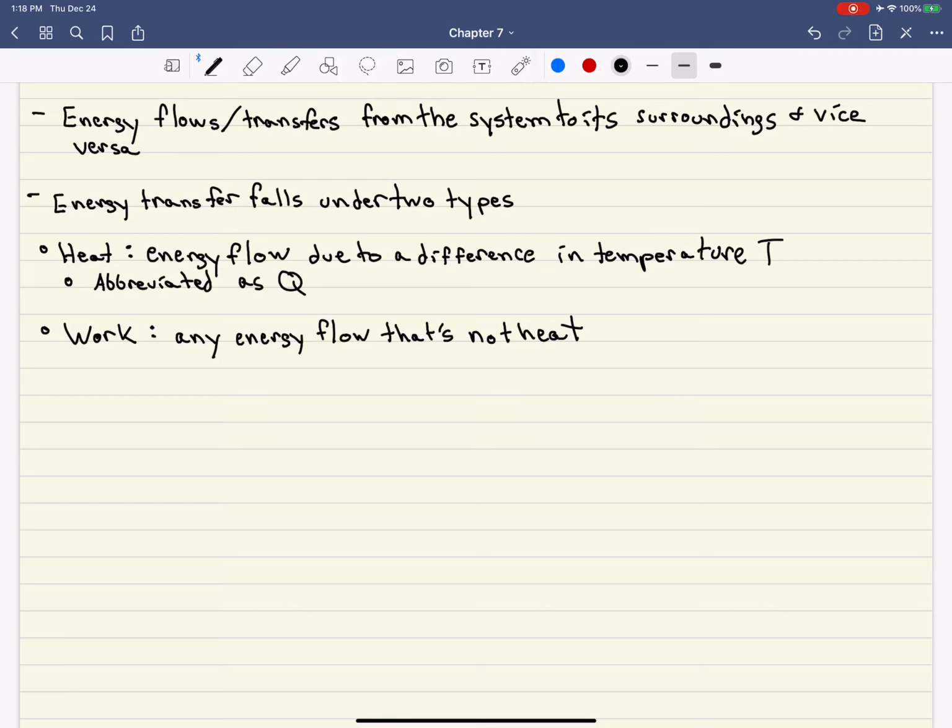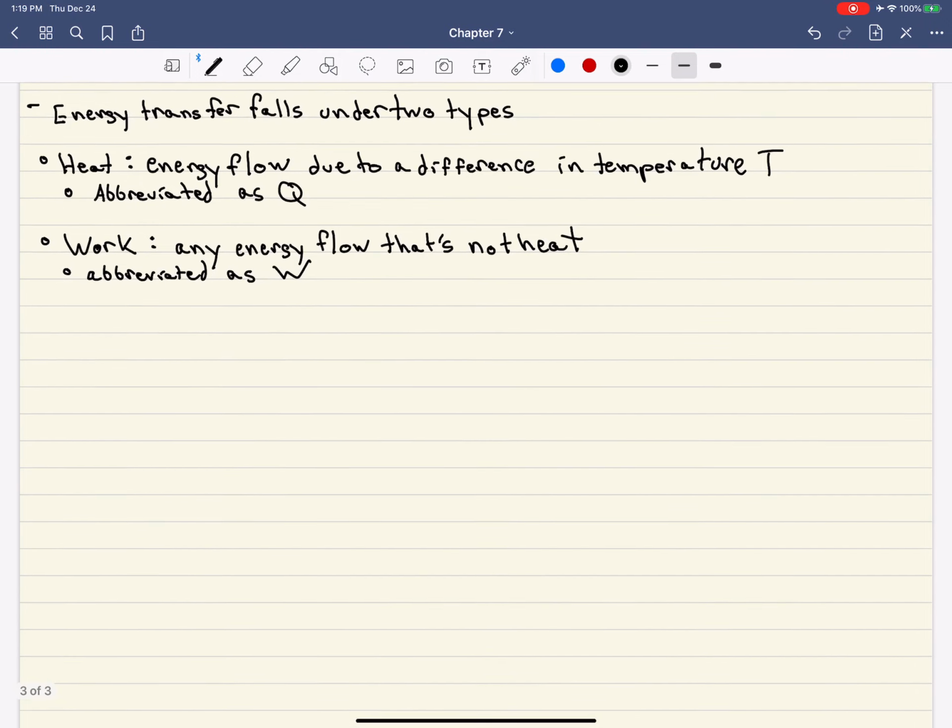Okay? And so if the energy flow is driven by a difference in temperature, we call that heat. If it's not, we'll just call that work. And so work is going to be abbreviated as W.